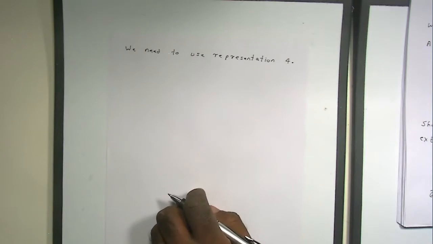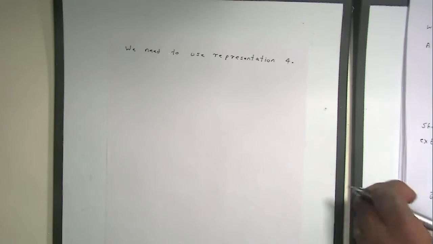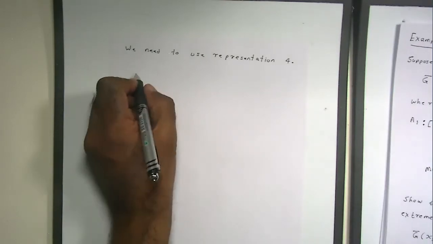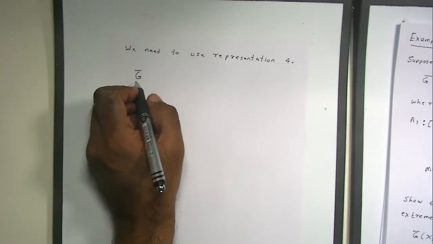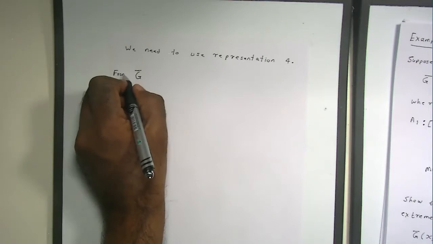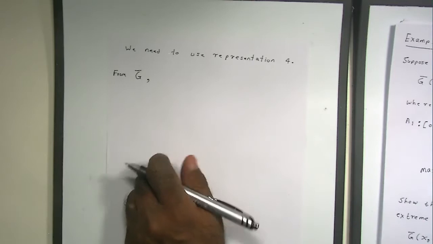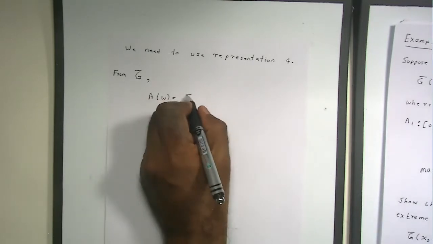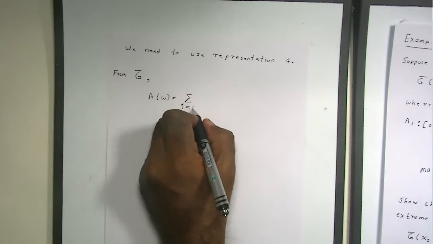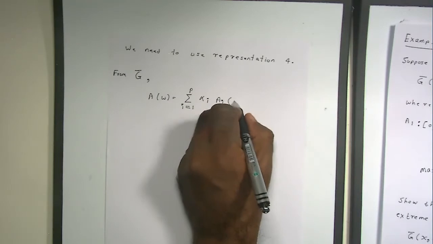The first thing we must do is to find the a function. Now if you look at this, what is the a function? From the formula for g bar, you can see that a of omega is equal to the sum from 1 to p of alpha I ai omega.